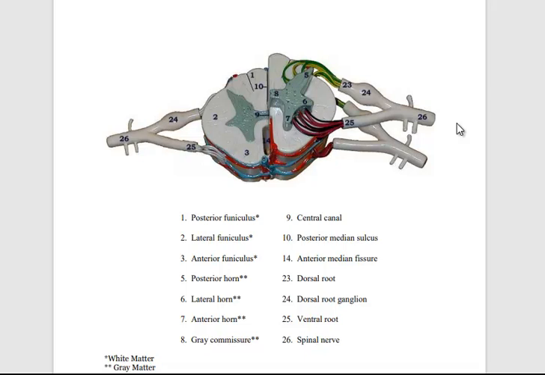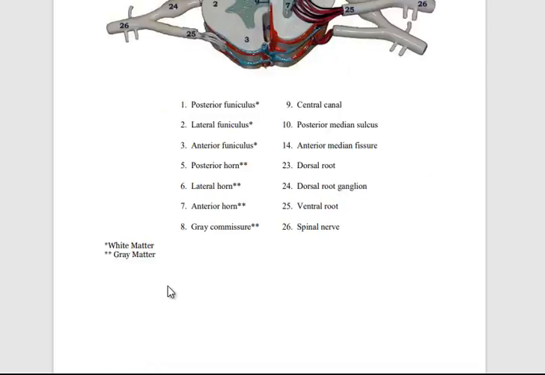So I think we've gotten everything on this one. There's your posterior median sulcus and your anterior median fissure again. So keep those in mind. But it's always important to orient yourself. These little asterisks are showing you white matter versus gray matter. Whenever you're seeing gray matter, you're actually looking at nerve cell bodies.